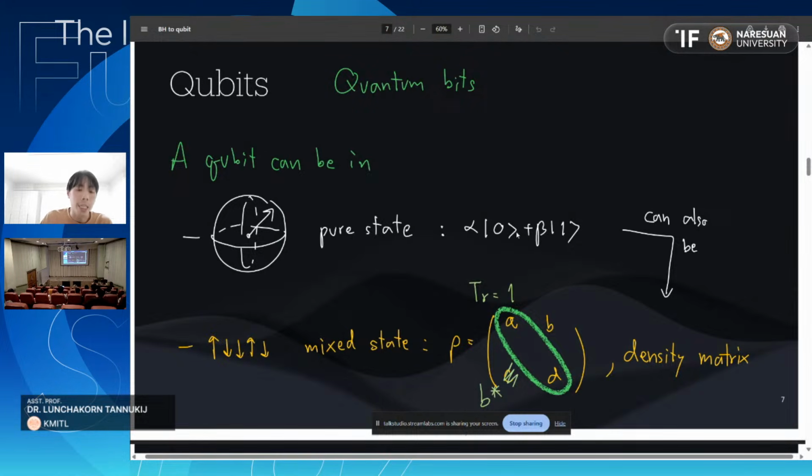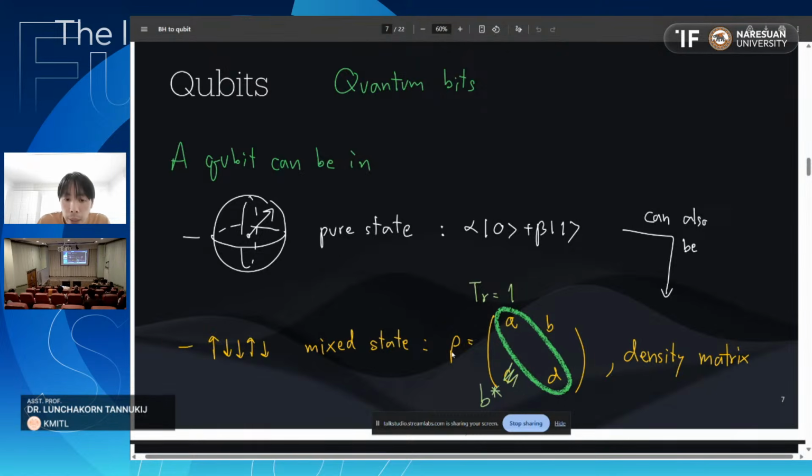Or if your state becomes more complicated, for example, if it adopts the classical probability in the system as well, then the better way to state this quantum system is to use the density matrix. This density matrix is basically a square matrix. For example, this is a 2x2 density matrix. One of the properties of this density matrix is that the trace is always 1.